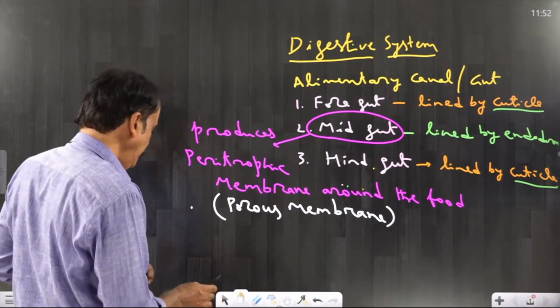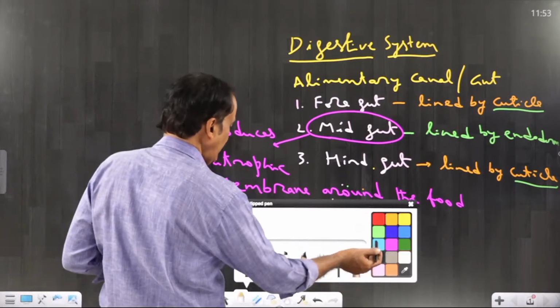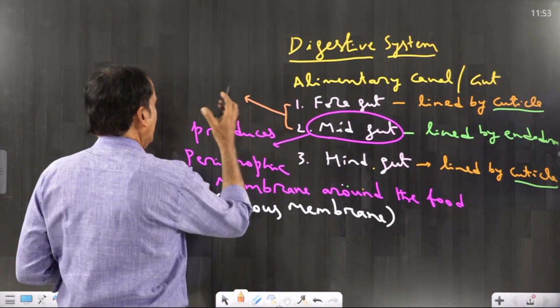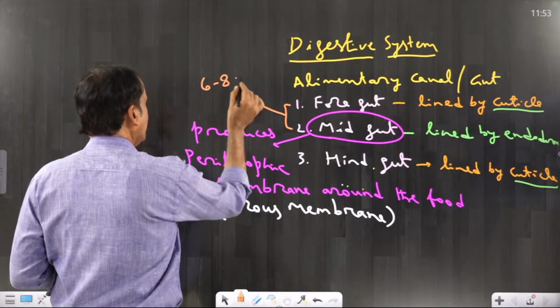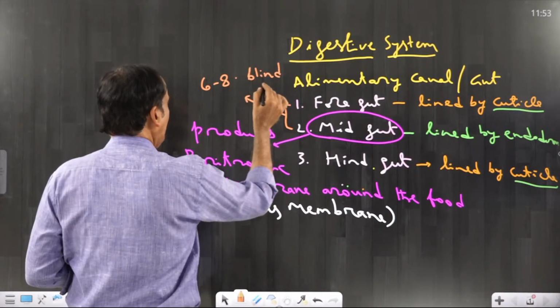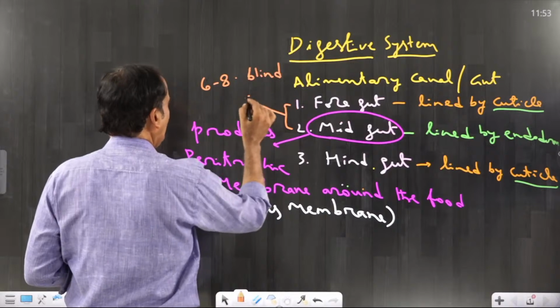And between the foregut and midgut, there are 6 to 8 blind tubules. They are blind because they are opening only on one side.